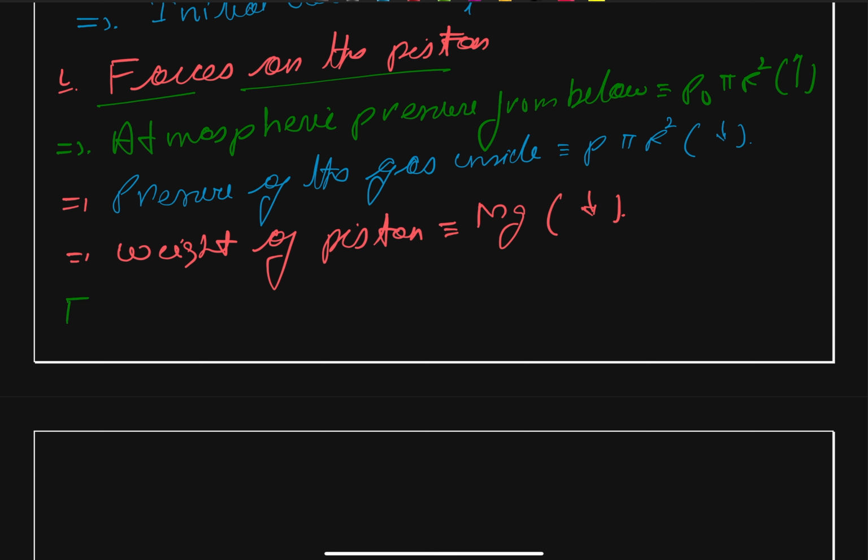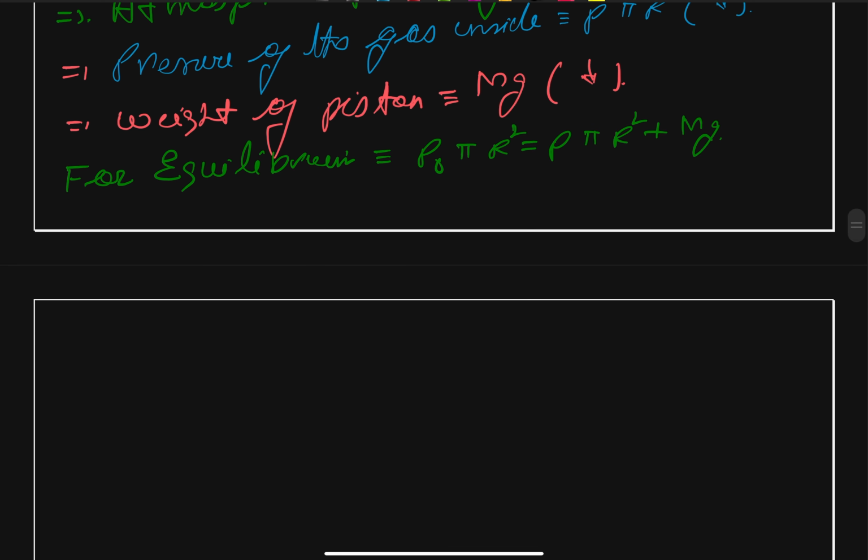For equilibrium, we can write upward force is P naught pi r square, downward force is P pi r square plus mg, and from here we can say that our P is equal to P naught minus mg upon pi r square.